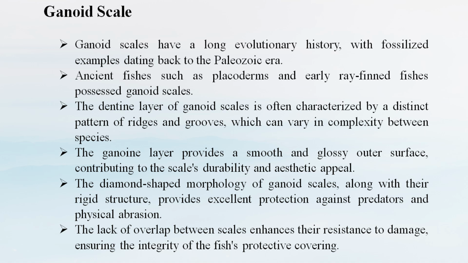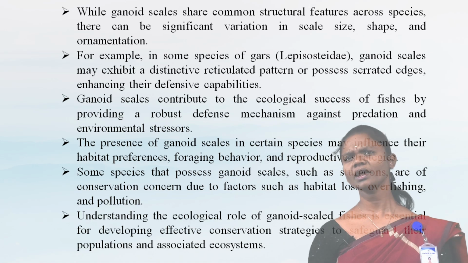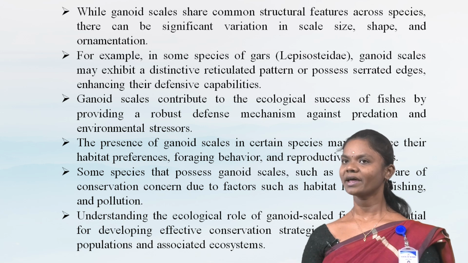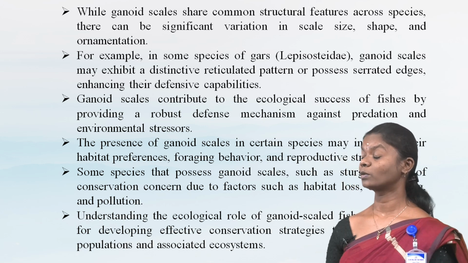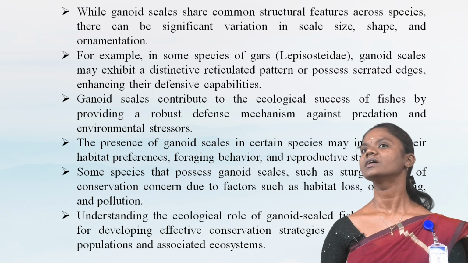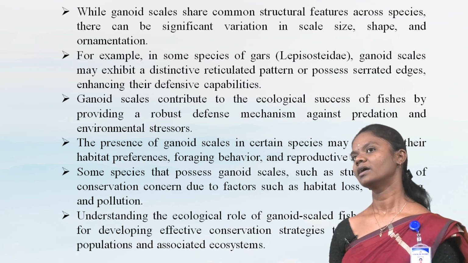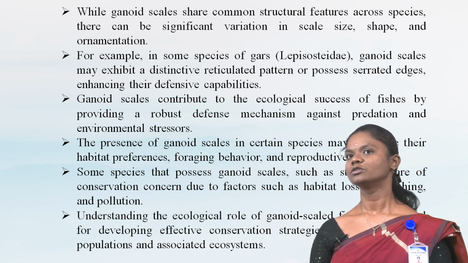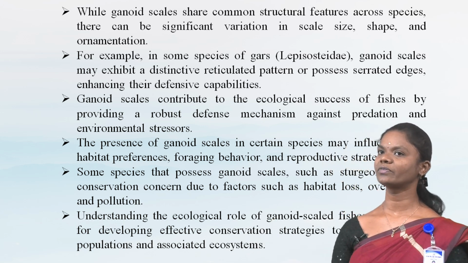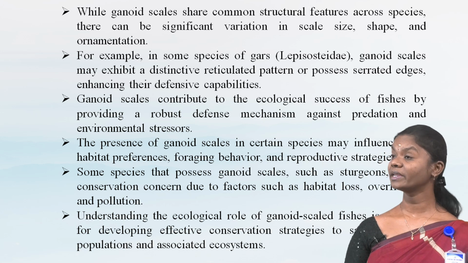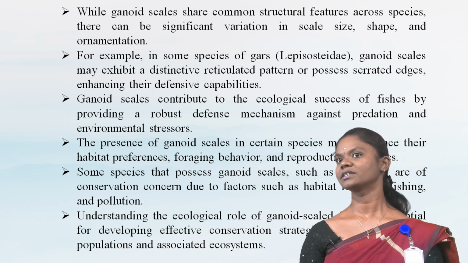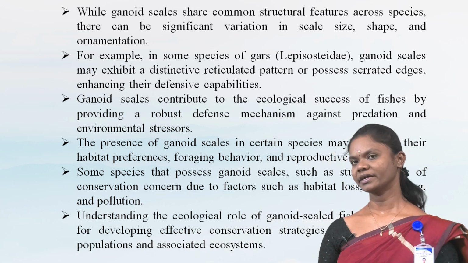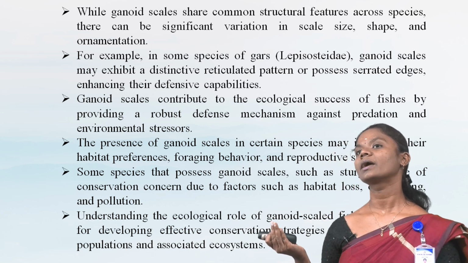And while ganoid scales share common structural features across species, they can significantly vary in scale size, shape, and ornamentation. For example, in some species of gar, ganoid scales may exhibit distinctive reticulate patterns or possess serrated edges, enhancing their defensive capabilities.